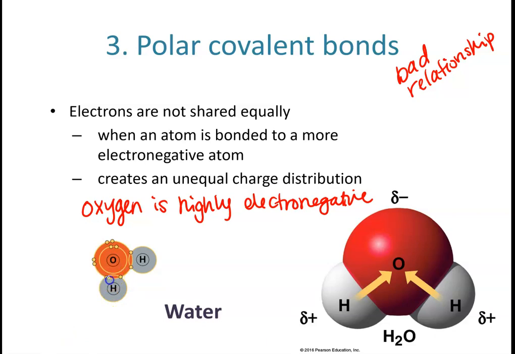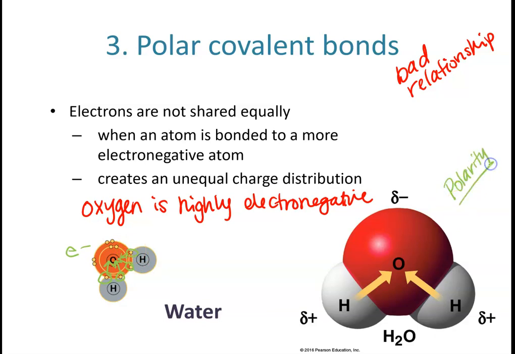So those electrons spend more time being pulled towards the oxygen. When that happens, you get a negative charge accumulation, because those electrons are negatively charged, towards the oxygen. And what happens is something called polarity.